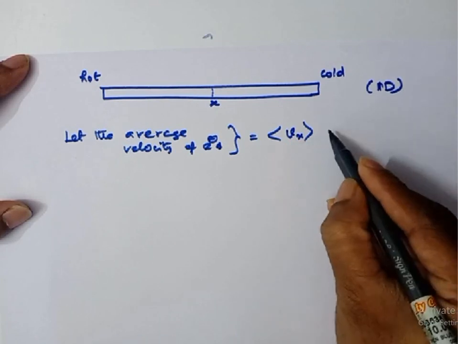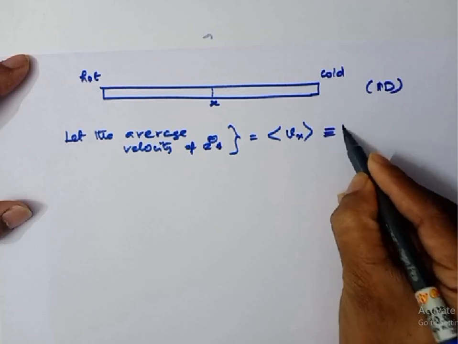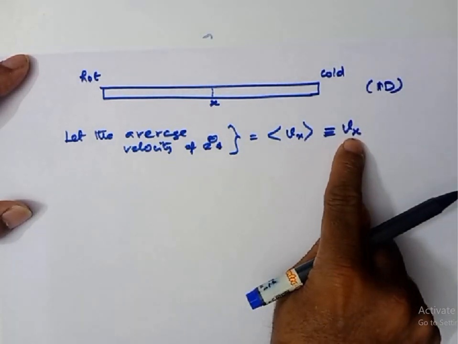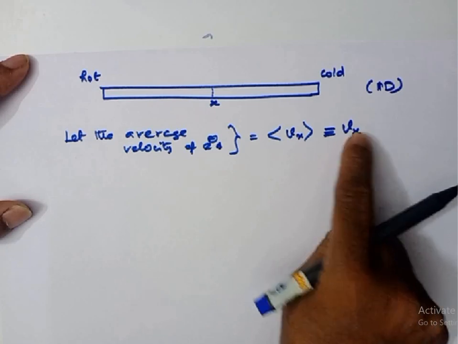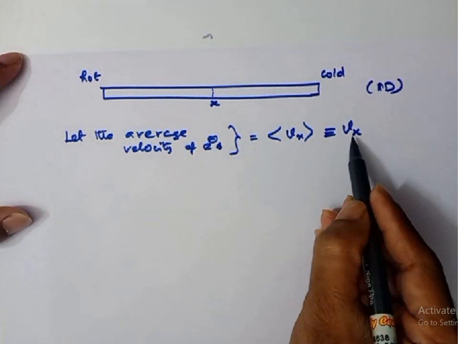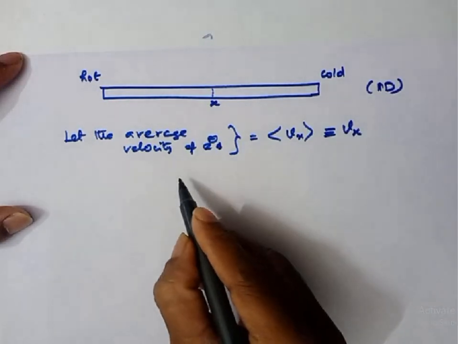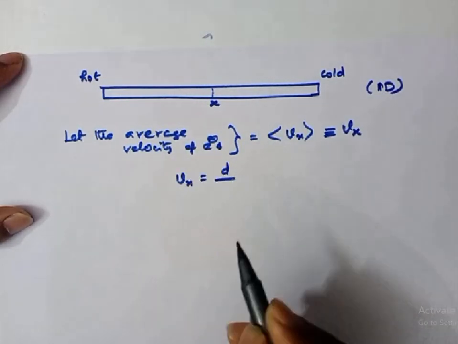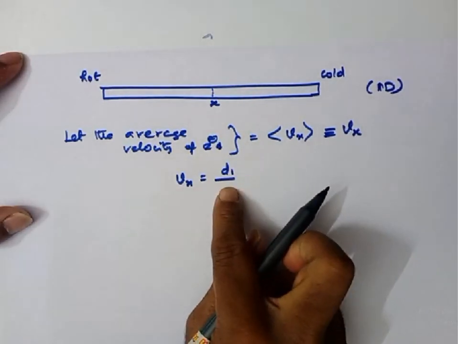But for simplicity, I am going to represent this simply as Vx. So keep this in mind, Vx means average velocity. What is velocity? Distance by time. So Vx equals distance by time taken, let me take the distance as d1.